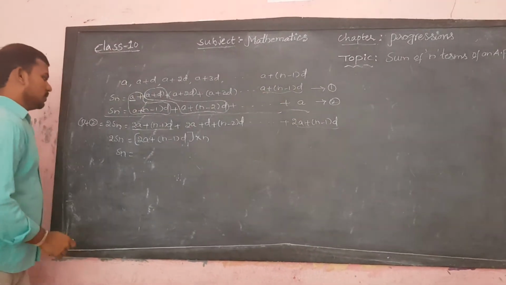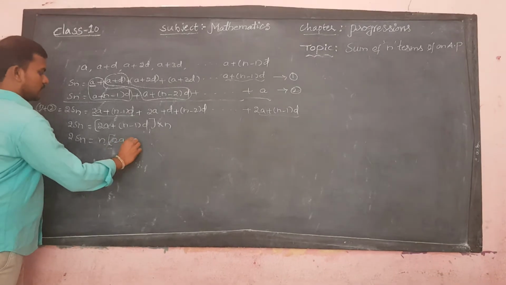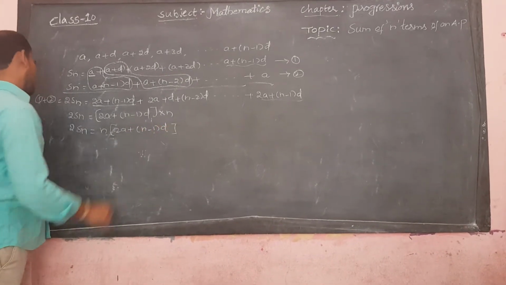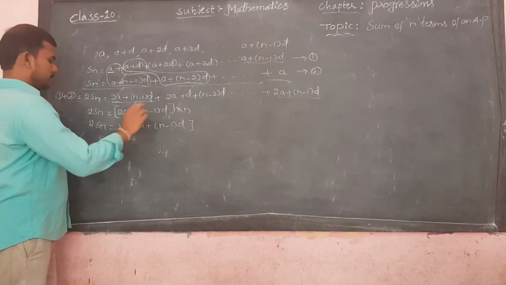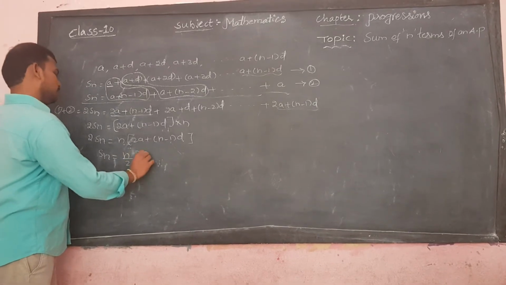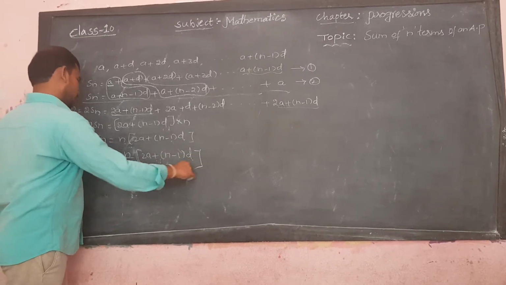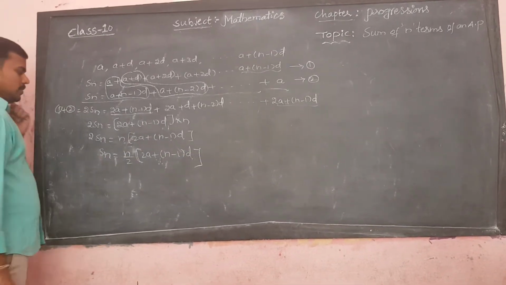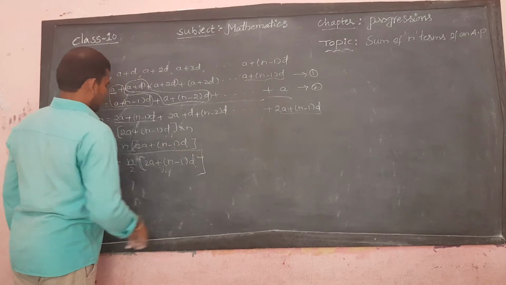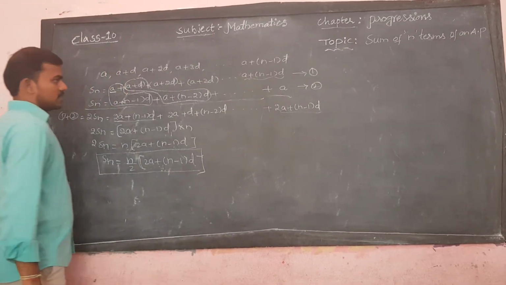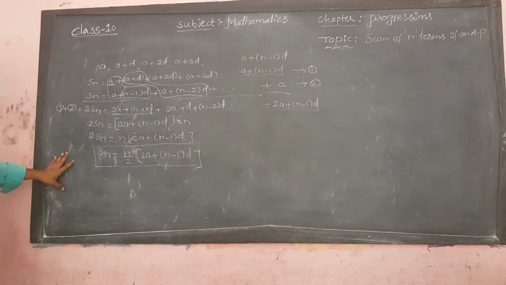So 2Sn is equal to n into (2a plus (n minus 1) into d). Sending 2 to the right-hand side, Sn is equal to n by 2 into (2a plus (n minus 1) into d). This is the formula for the sum of the first n terms of an AP.